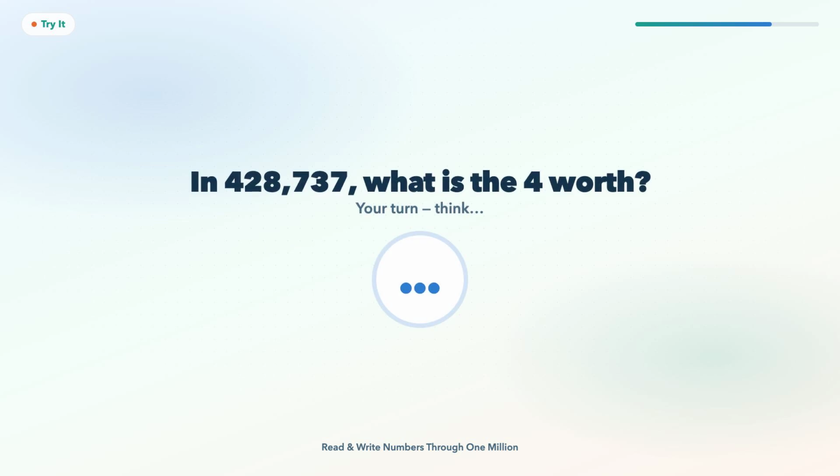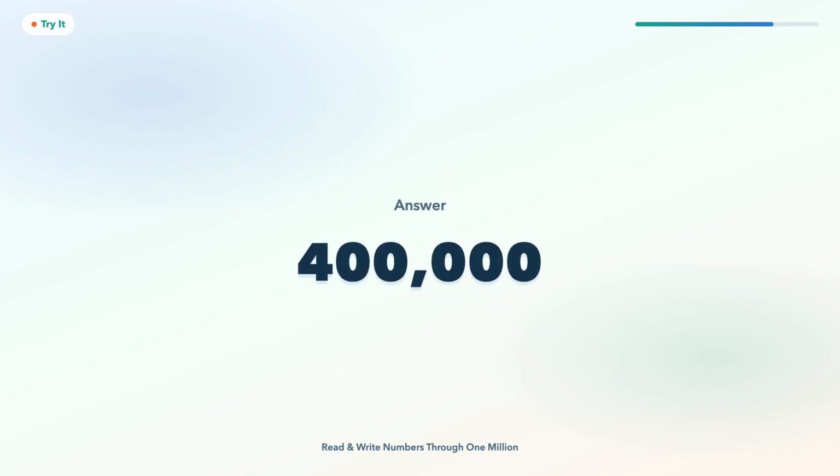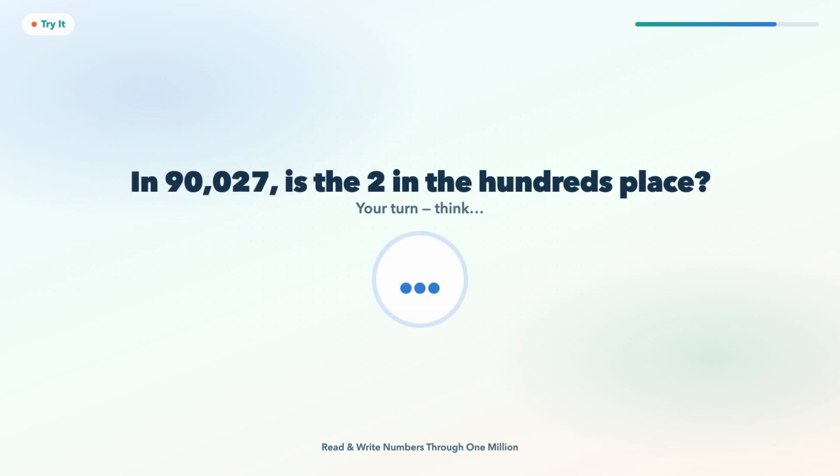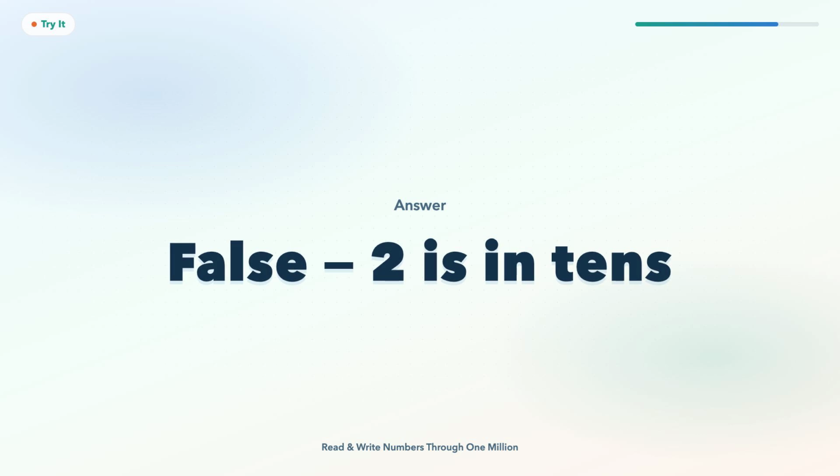Think about the place. The 4 is in the hundred thousands place, so its value is 400,000. True or false? In 90,027, the 2 is in the hundreds place. Decide true or false. False. In 90,027, the 2 is in the tens place. The hundreds digit is 0.